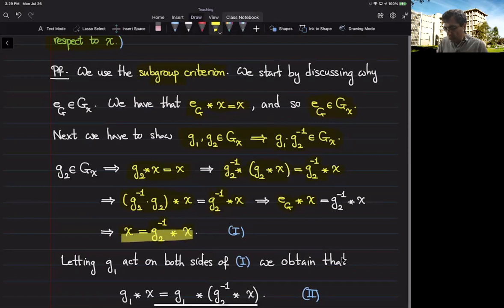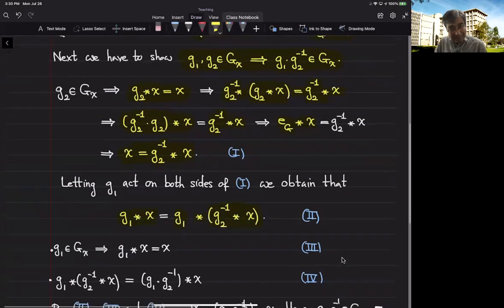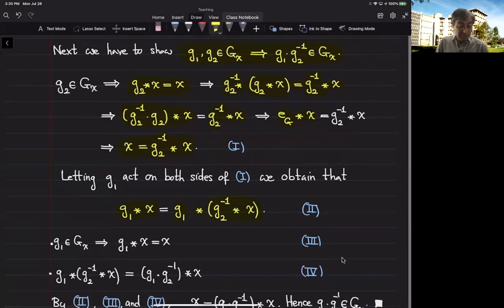So I start with this equation and let G1 act on both sides. On this side I get G1 star X, and on the other side I get G1 star this point. Again, I'm going to use the fact that the action is compatible with group operation.